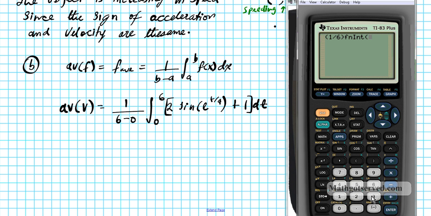Alright, so fnInt, we have 2 sine e to the t over 4. So in this case, it's just x over 4. Now we close the power, close the trig function, and then we add 1. Okay? And then the variable of integration is x, starting from 0 all the way to 6.